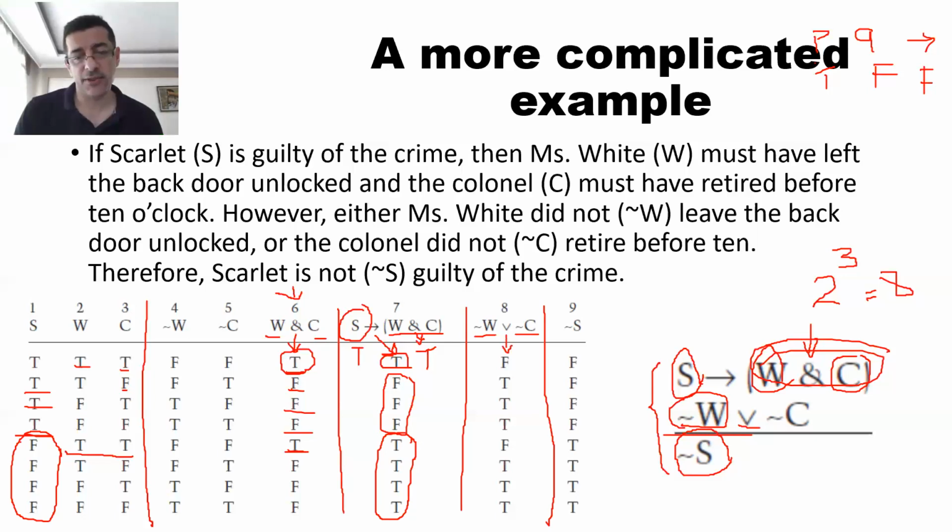Okay, now let's just check it. Not W is false. Not S, where is not S? Here, not S. But you don't have to look at not S, you can look at S and then negate it to get this. Anyway, not S is F, so it's going to be F.